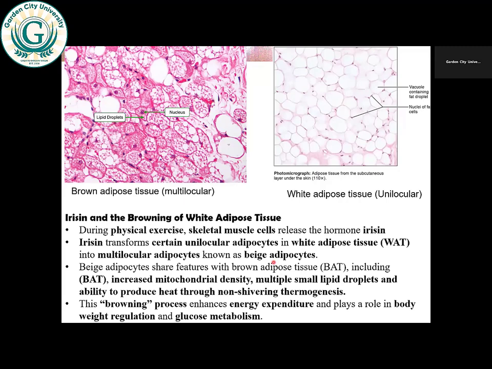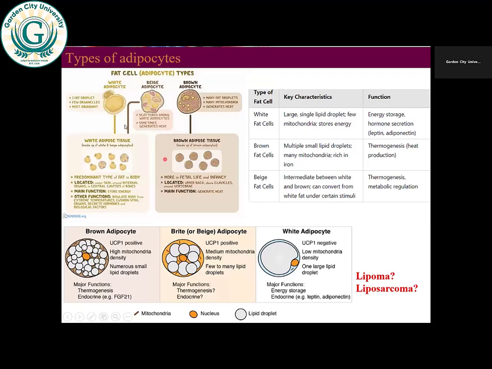Okay. So this is just a kind of summary here. The beige are scattered among white adipocytes, and sometimes generate heat. The brown ones are found in fetal life and infancy, but they are also in adults. They are also located around the vertebrae, then above the clavicle.